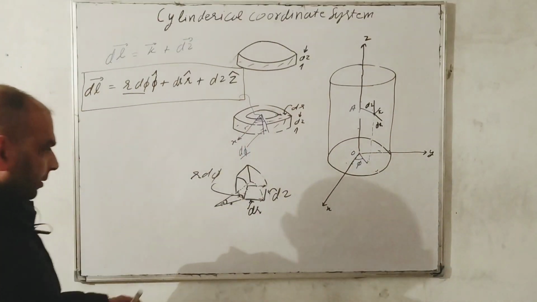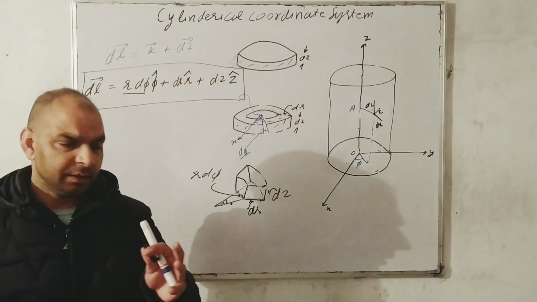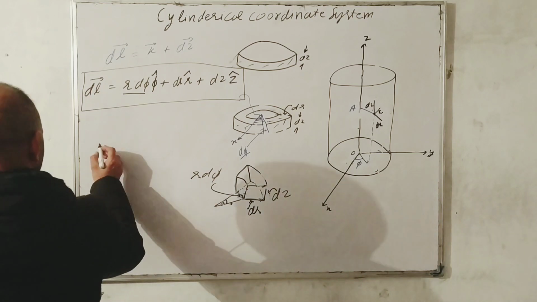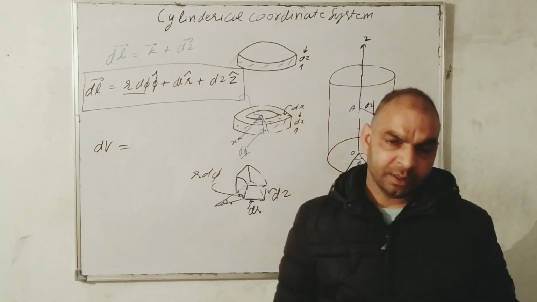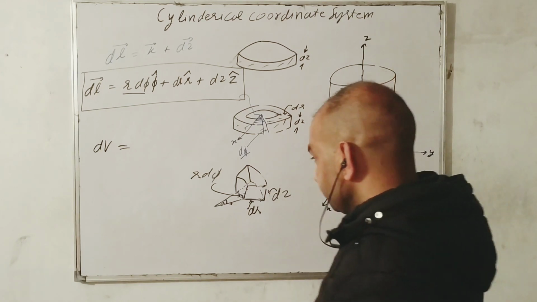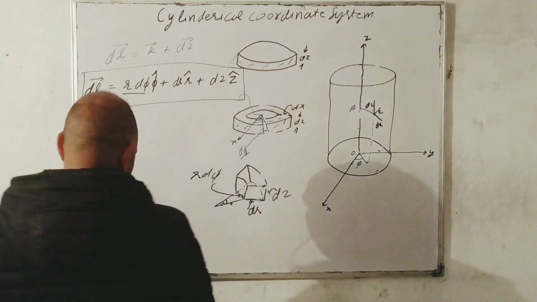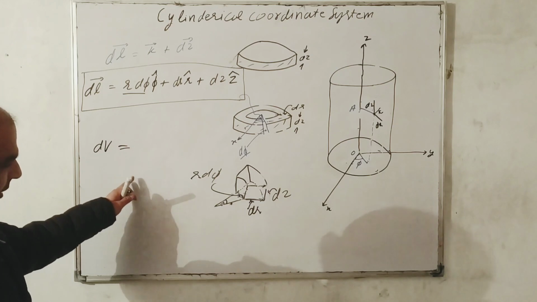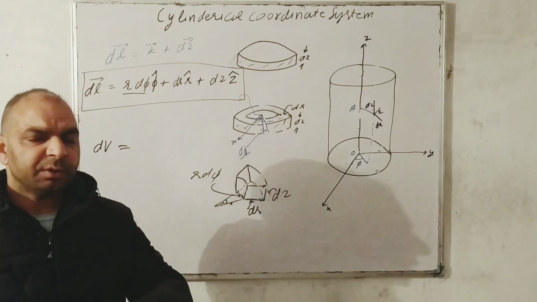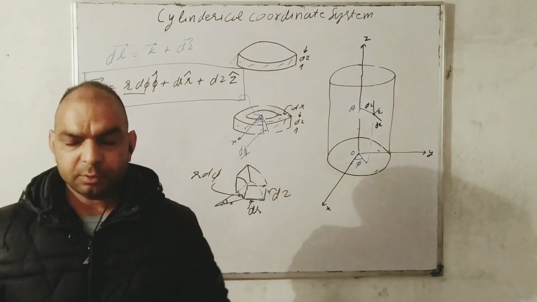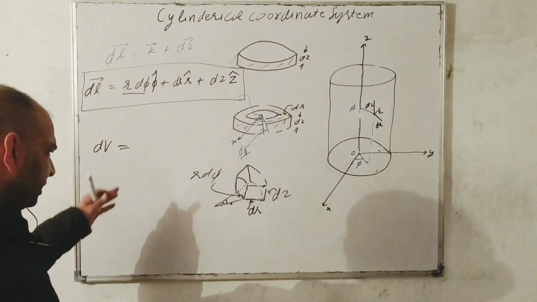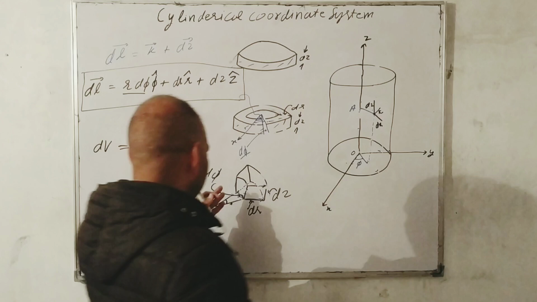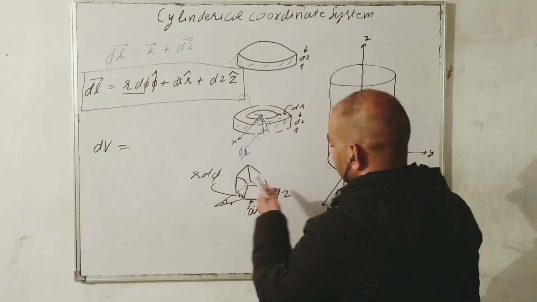Now, the volume element in the cylindrical coordinate system we will write as dV. Volume is a scalar quantity, so we would calculate it by a scalar dot product. But I am writing simply that volume will be length, breadth, and height.